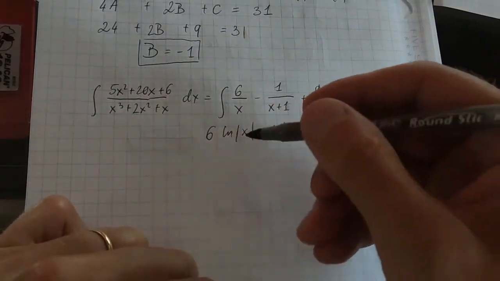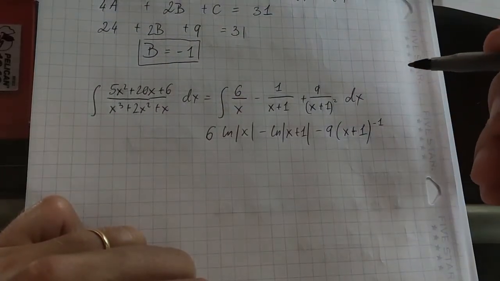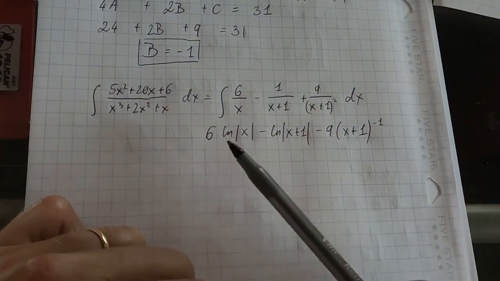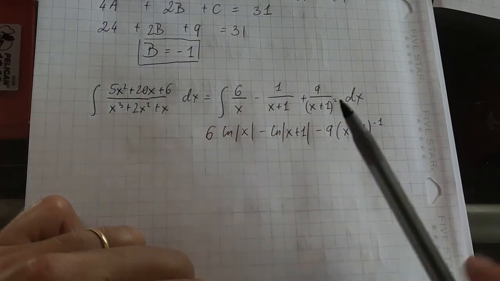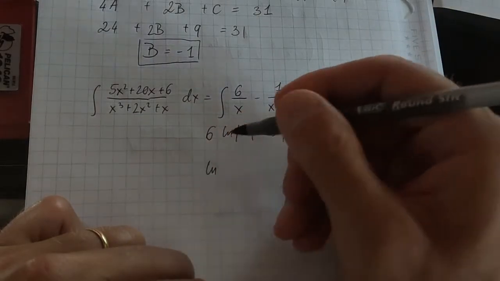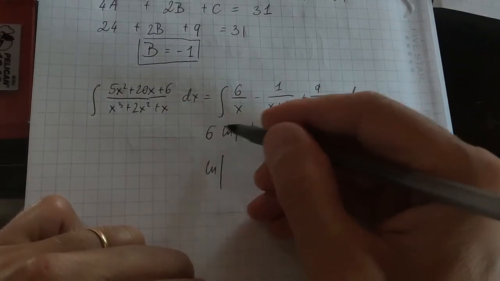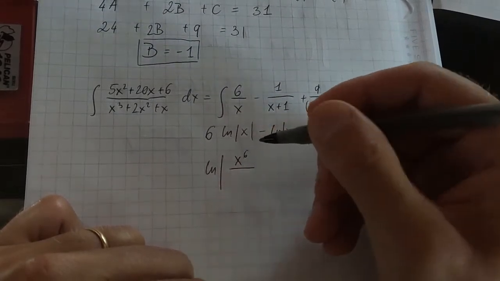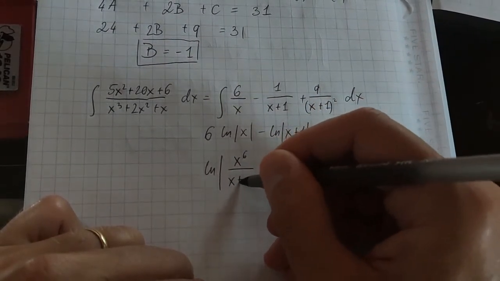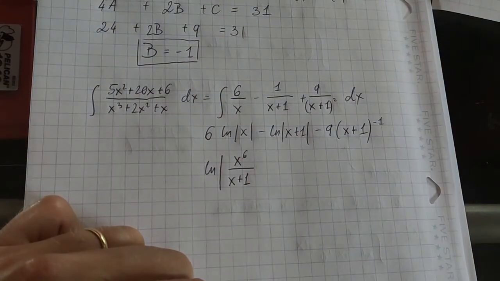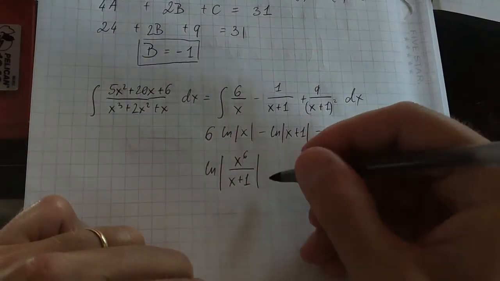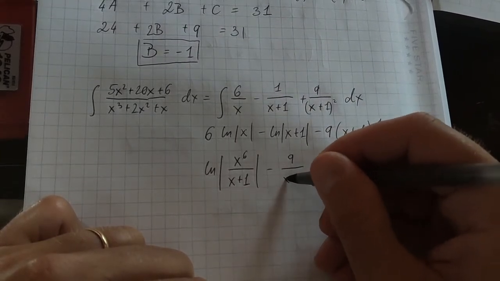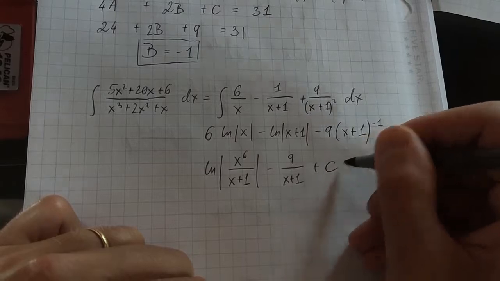And you see that we can put these together, so it's going to be a quotient: natural log of x to the 6th over x plus 1, minus 9 over x plus 1, plus C.